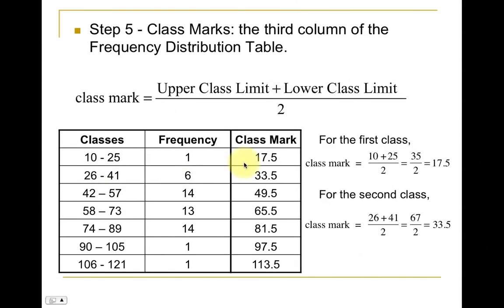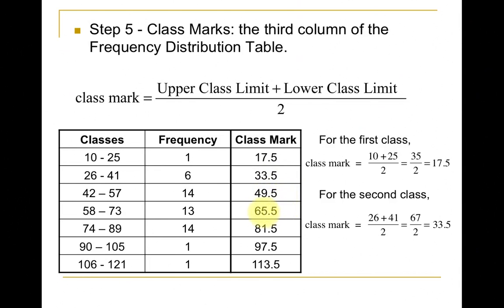Now, there is a shortcut. Once you find the very first class mark, if you add 16, our class width, that class width seems to come up a lot. We add the 16, the class width, we get 33.5. We add 16 again, 49.5.